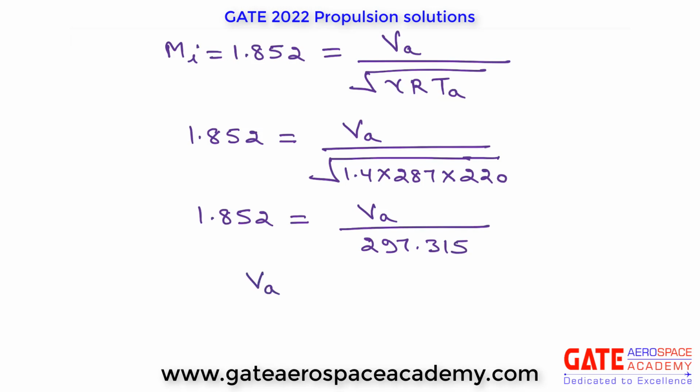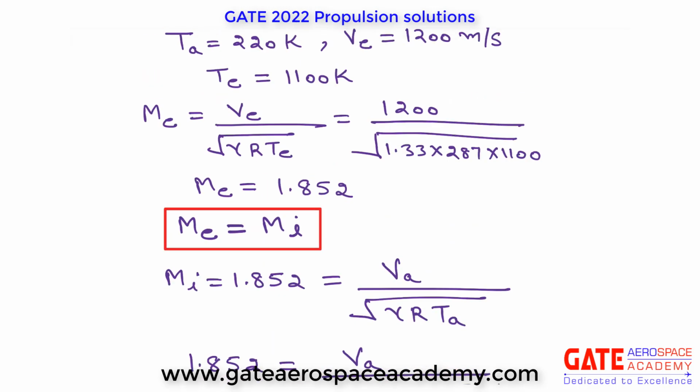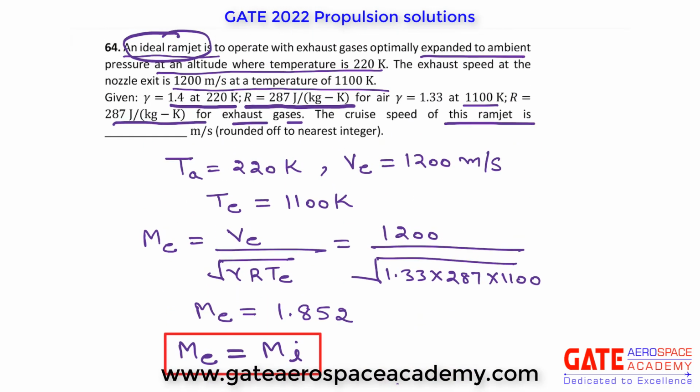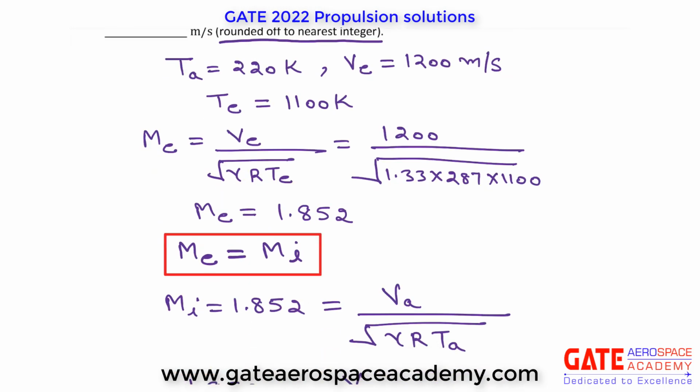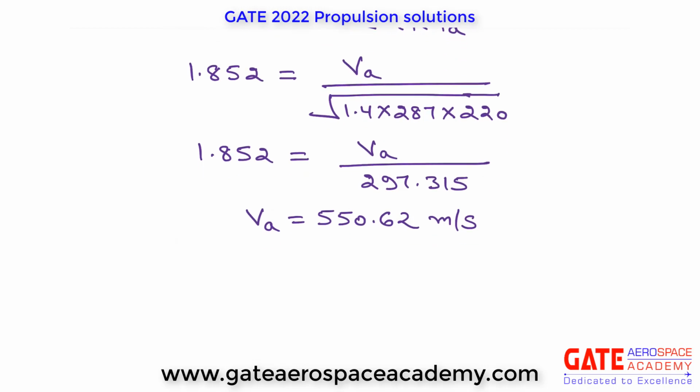VA is equal to 550.62 meter per second. Now they have asked to round off to nearest integer. So answer will be VA is equal to 551 meter per second.